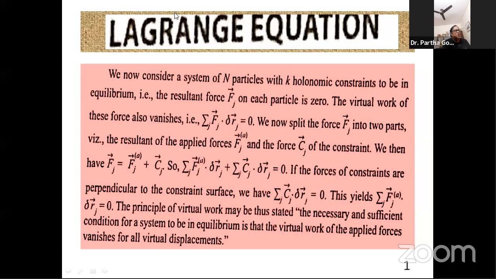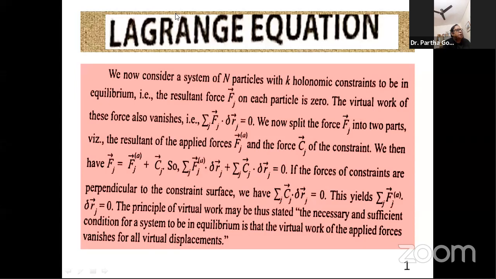We had, in fact, at our +2 level or even BSc level, in our honors as well as BSc program level, seen that the condition of equilibrium is that total resultant force acting on a particle or a body should be 0, and total torque should also be 0.